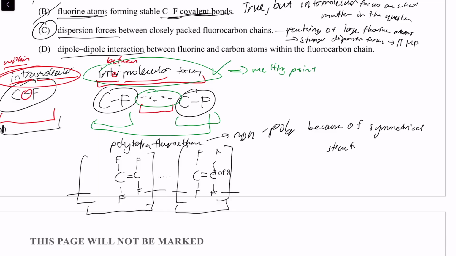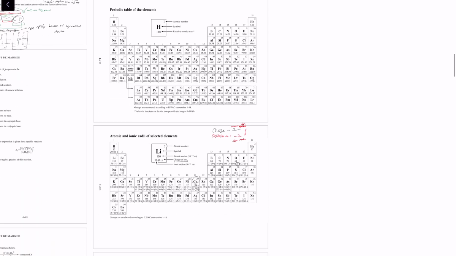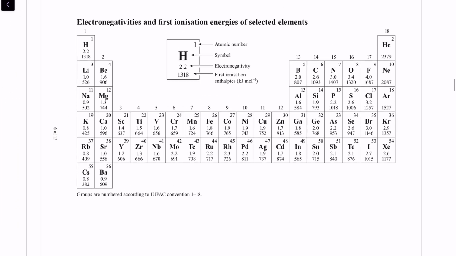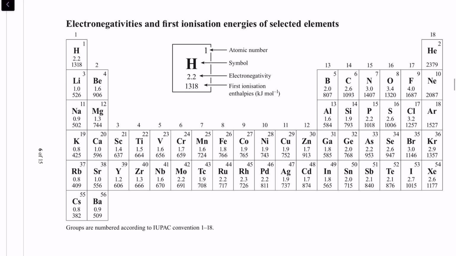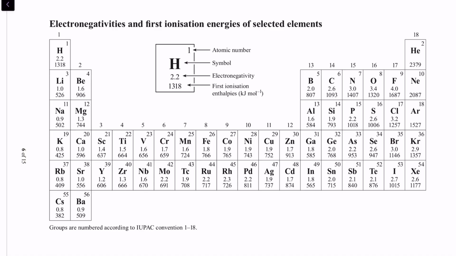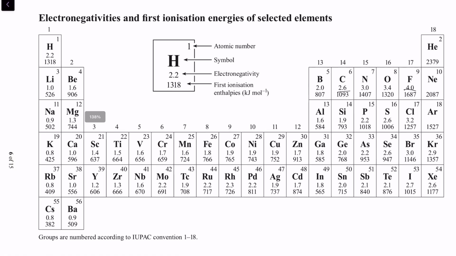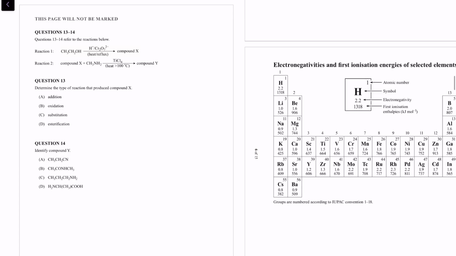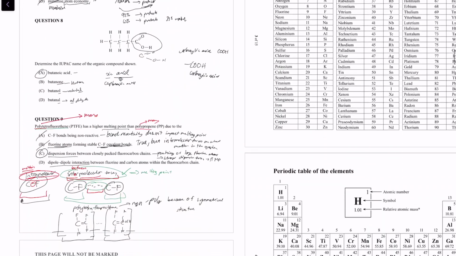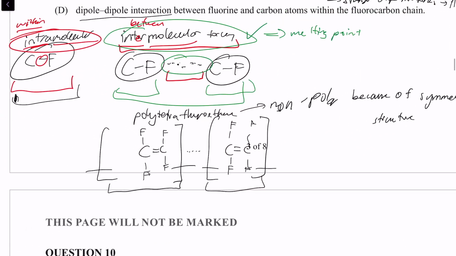Even though we know from the formula sheet that the electronegativity of carbon and fluorine is significantly different, the fact that we have this symmetrical line makes it non-polar.